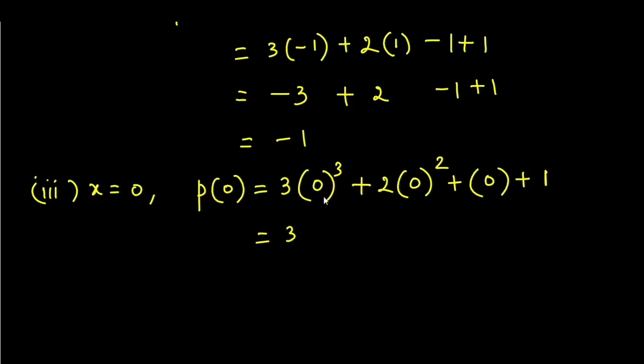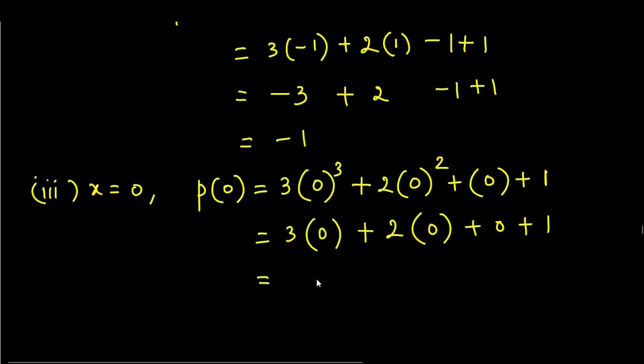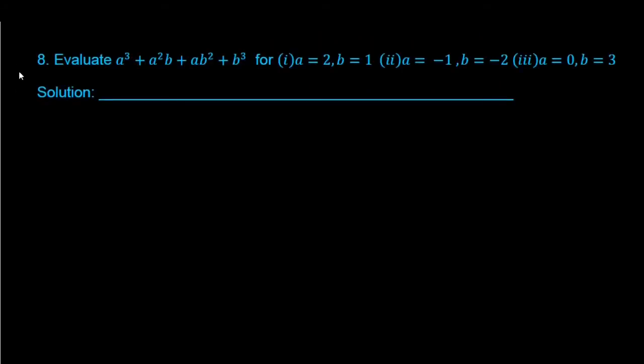This is 3 into 0 cubed is 0 plus 2 into 0 square is 0 plus 0 plus 1. 3 into 0 is 0 plus 2 into 0 is 0 plus 0 plus 1. This is 1. Eighth question.